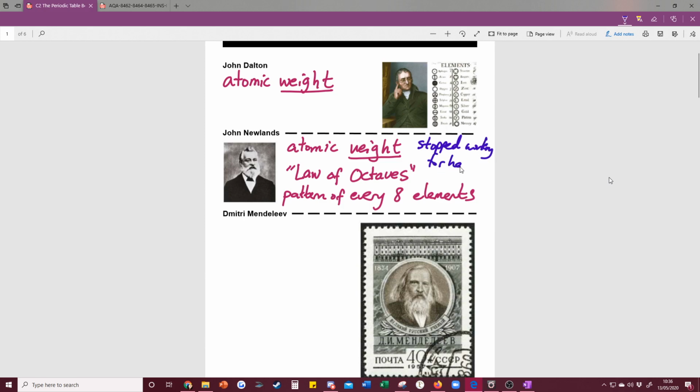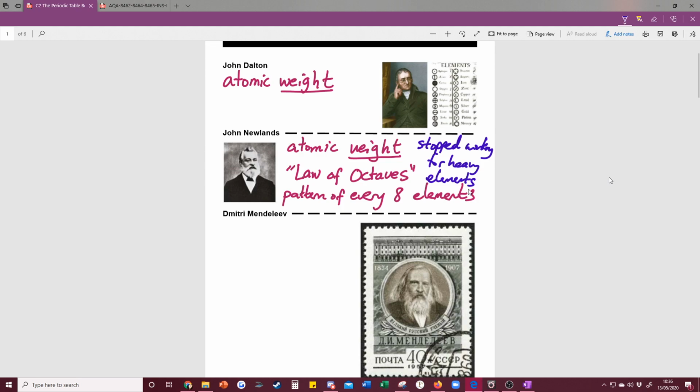The reason why John Newlands was wrong is he made a key mistake, a very, very huge mistake, in that he thought that at his time they had already discovered every single element. That was his big mistake.